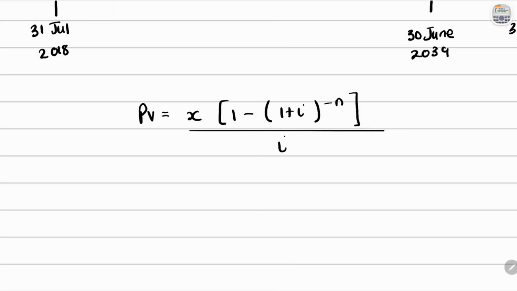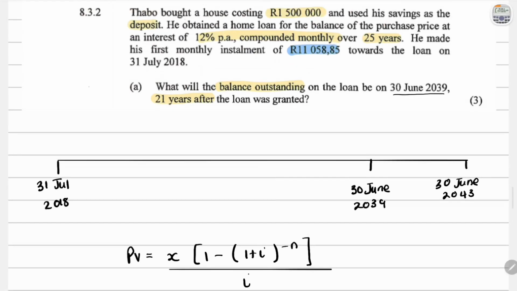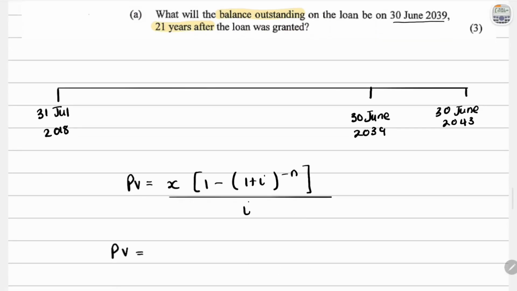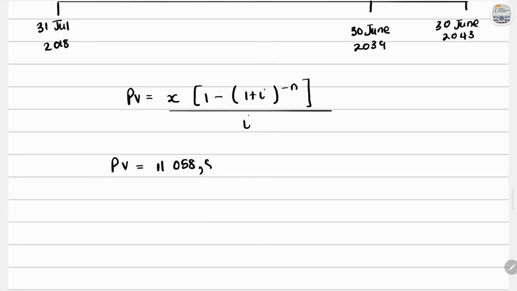Right now that is empty because we're trying to find out how much he owes after 21 years. This is equal to X, the monthly installment that he is going to keep paying to pay off this loan, which is 11,058.85 cents. That is how much he is going to pay every month.